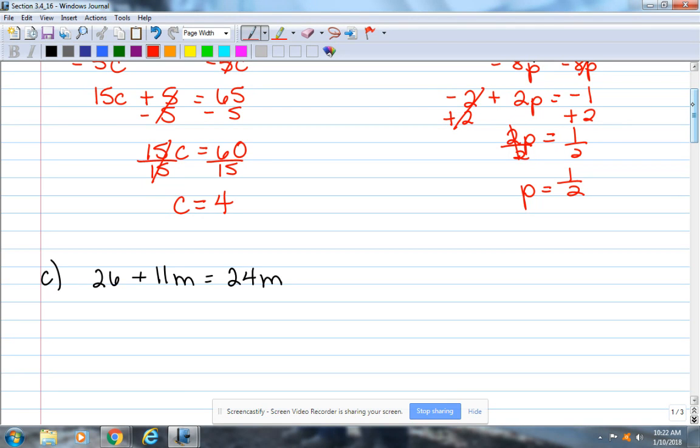So we'd have to put a 0 there, and that's actually going to give us more steps. So if we have a variable hanging out by itself on one side of the equal sign, bring everything else to that variable. Does that make sense? So how are we going to bring the 11M to the 24M? Subtract it.